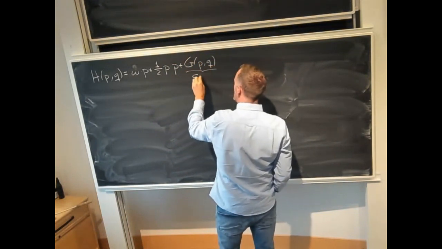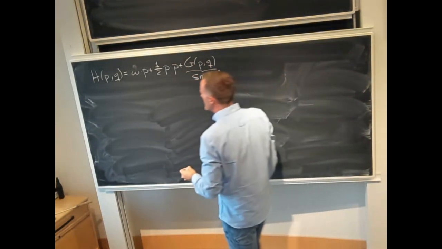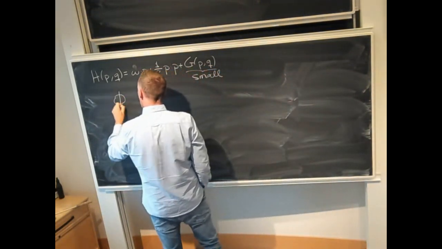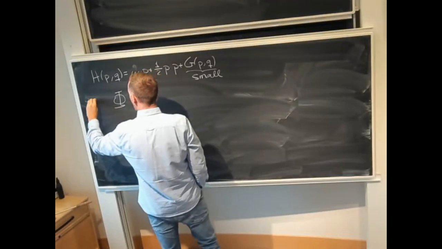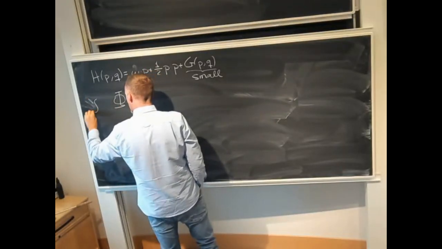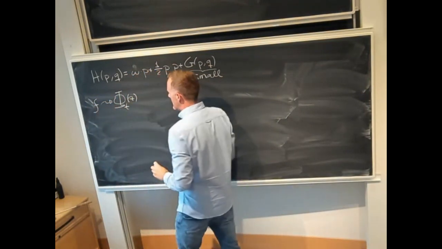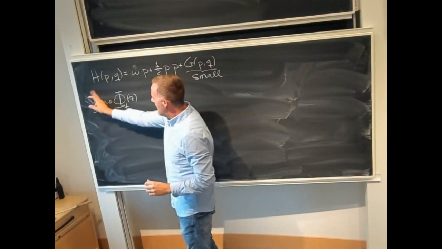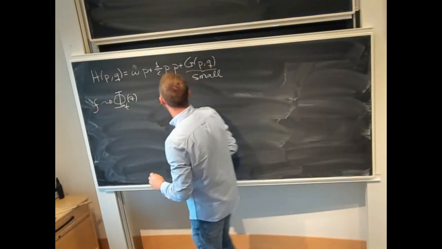where this is small, we can perform a change of coordinates, and this change of coordinates was given by the Hamiltonian flow of a function that we're looking for, okay? So we're looking for a function f such that it acts as a Hamiltonian, and then this has this flow.